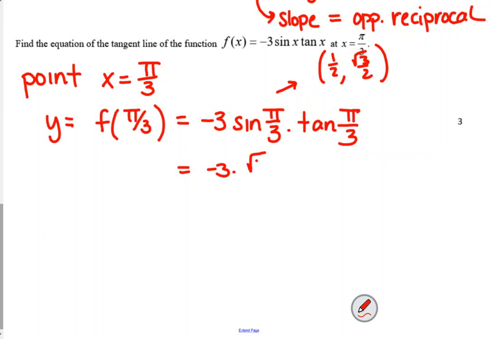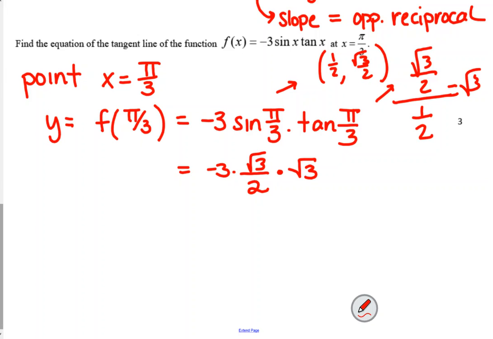So sine of pi over 3 is root 3 over 2. And if we're not remembering our tangent values, tangent of pi over 3 would be the sine of pi over 3 over the cosine of pi over 3, so root 3 over 2 over a half is root 3.